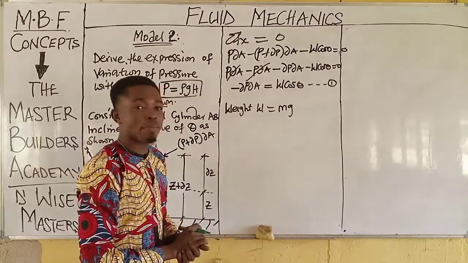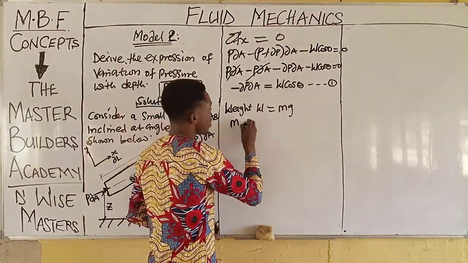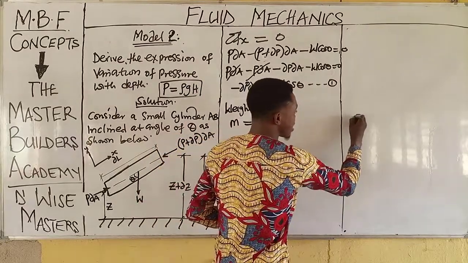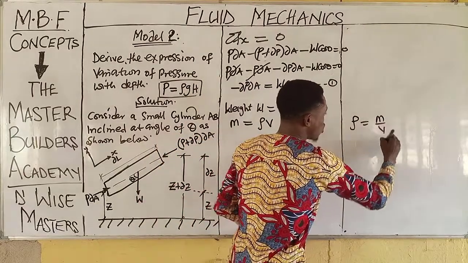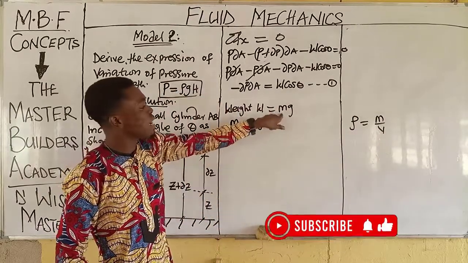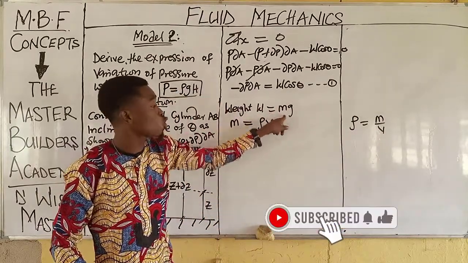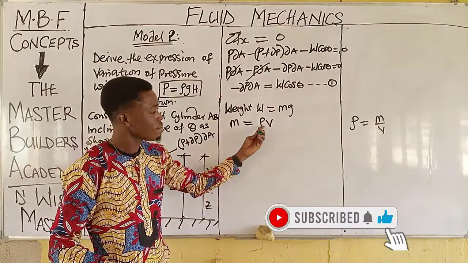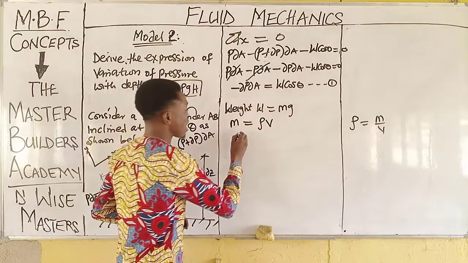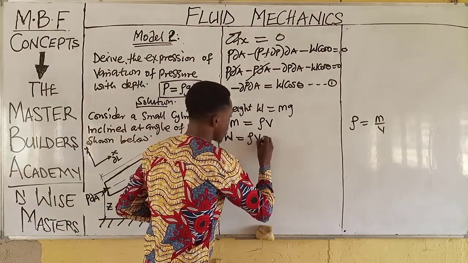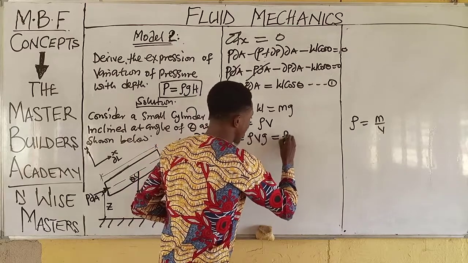We equally know that mass is equal to density multiplied by volume, since density is mass over volume. So in place of m, we replace it with rho V. Therefore, weight is equal to rho V multiplied by g, which is rho g V.